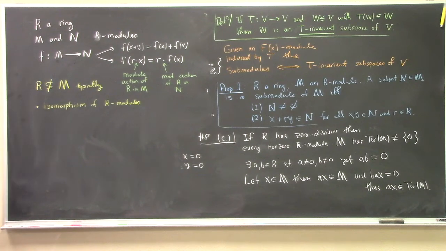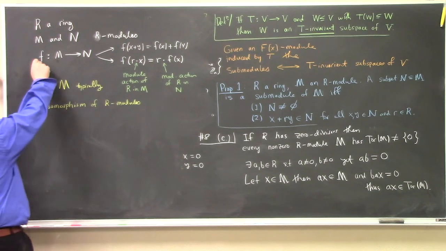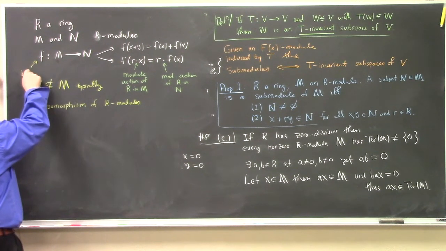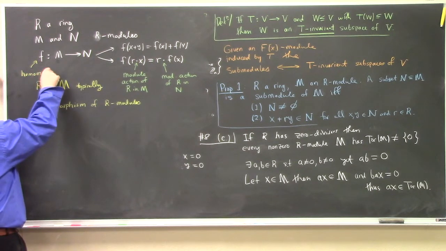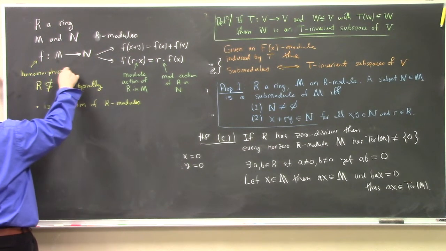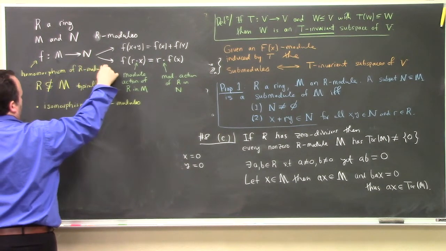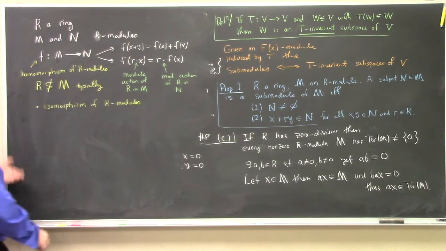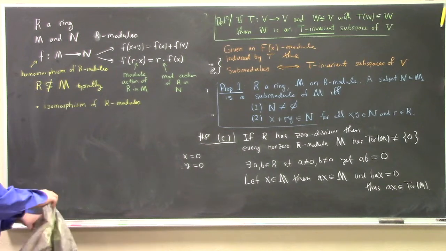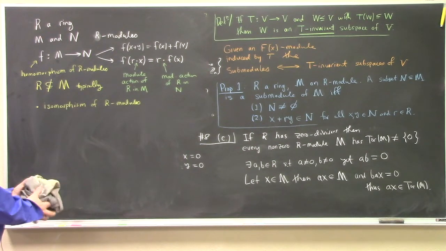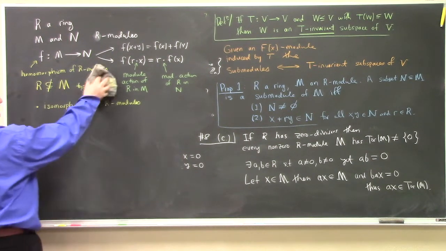A homomorphism, right? So this is a homomorphism of our modules. An isomorphism of our modules would be a homomorphism of our modules that is also a bijection, right?